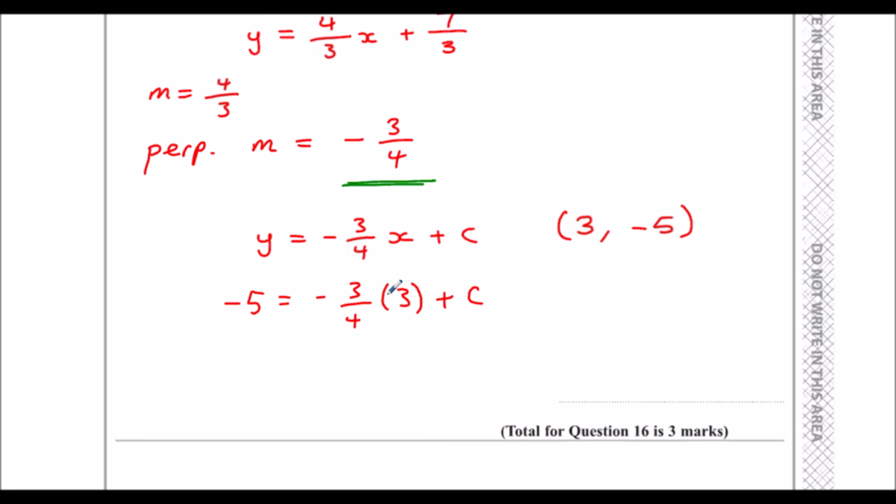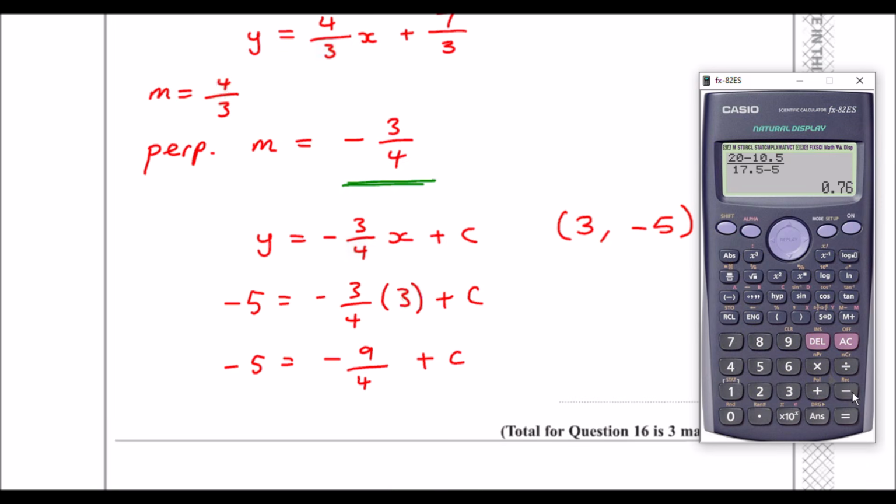So let's multiply this. 3 times 3/4. It's the same as 3/1. So it's 9/4. So -5 equals -9/4 plus c. And to find c, we're going to plus 9/4 to both sides. I'm going to use the calculator.